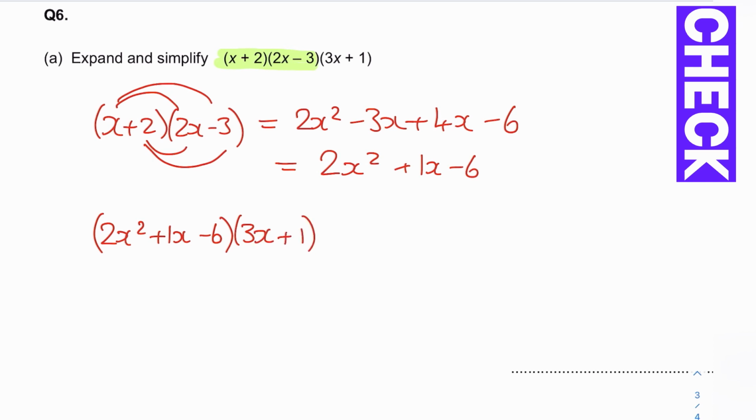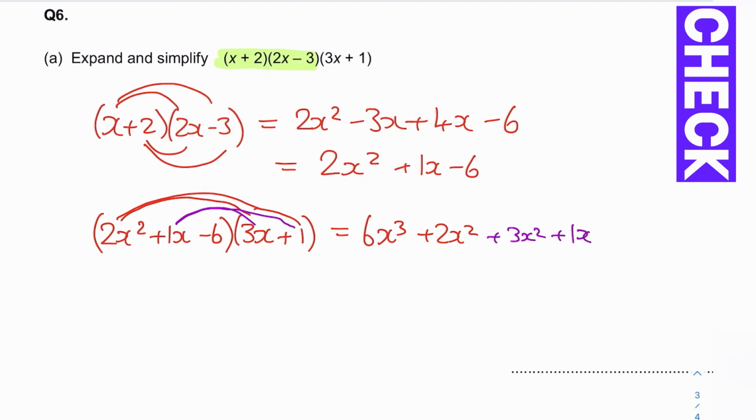So here we multiply 2x squared by both terms, that gives you 6x cubed plus 2x squared. We've got to multiply 1x by both terms, that gives you 3x squared plus 1x. And then finally you've got to multiply negative 6 by both terms. That gives you negative 18x, subtract 6.